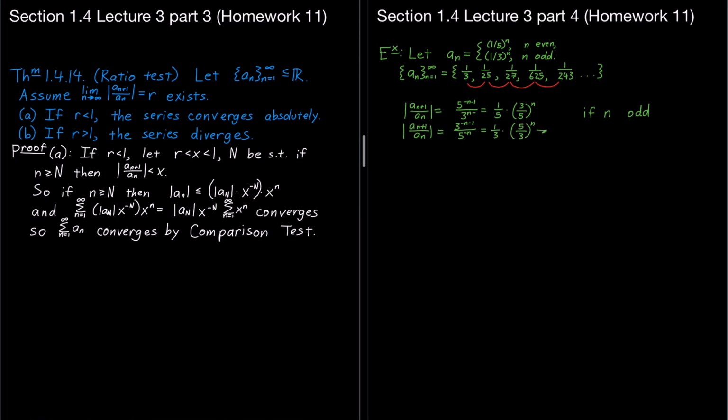You'll notice this one goes to infinity if n is even, and the other converges to 0. So our ratio limit does not exist.